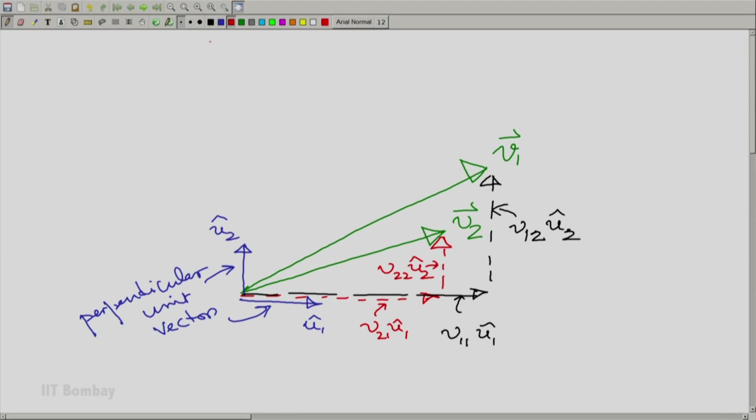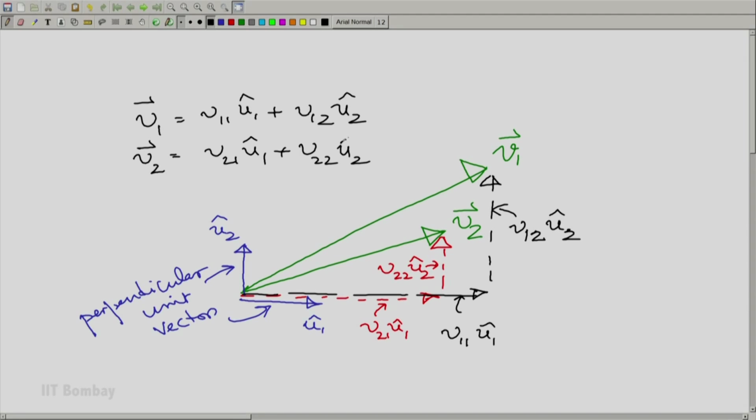And there I have a very simple relationship. V1 is V11 U1 cap plus V12 U2 cap, and V2 is V21 U1 cap plus V22 U2 cap.